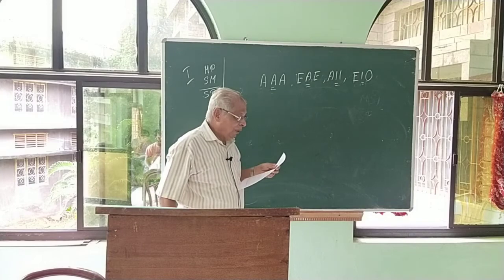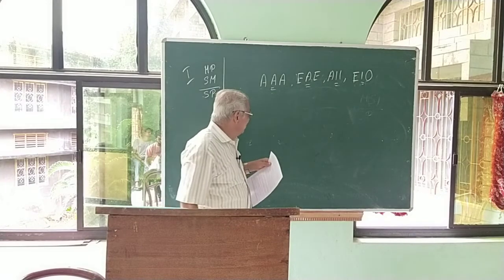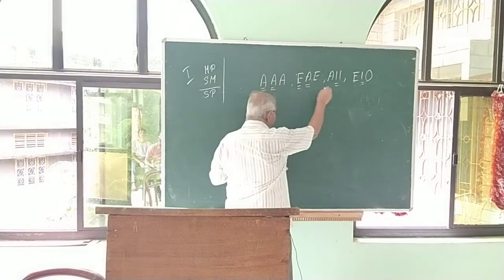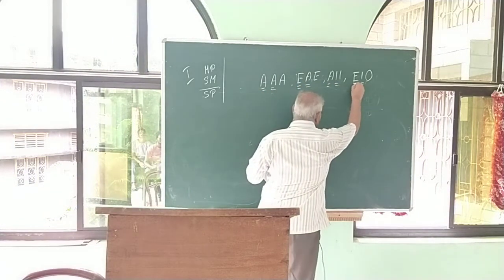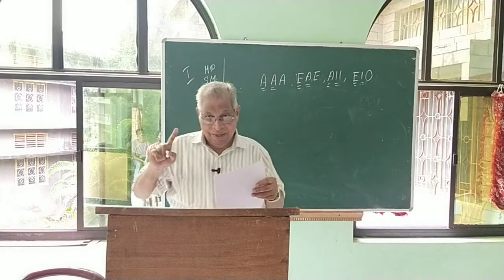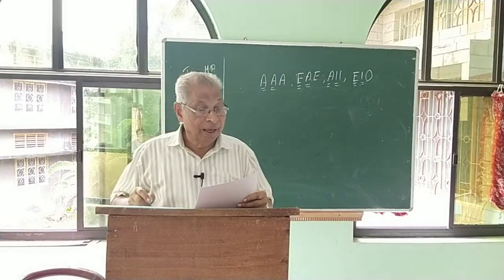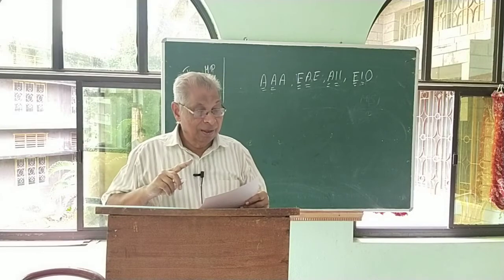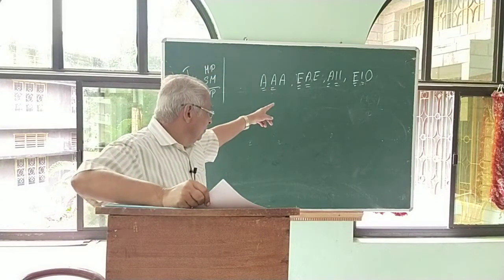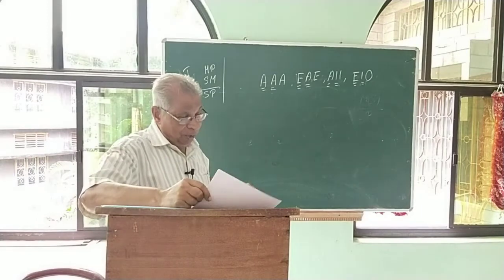Then the next one is the major premise must be universal. A is universal, E is universal, A is universal, E is universal. So both the rules with regard to the first figure are found valid with regard to these four moods. These are the four moods.